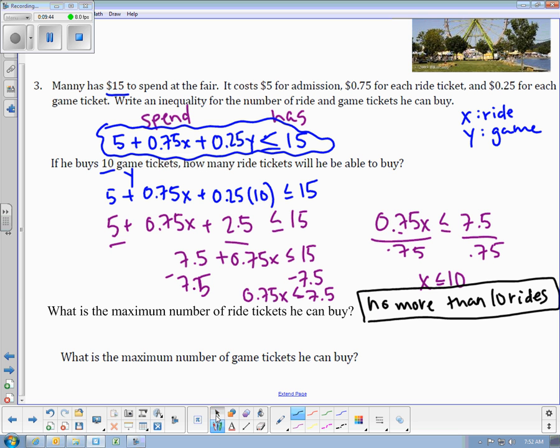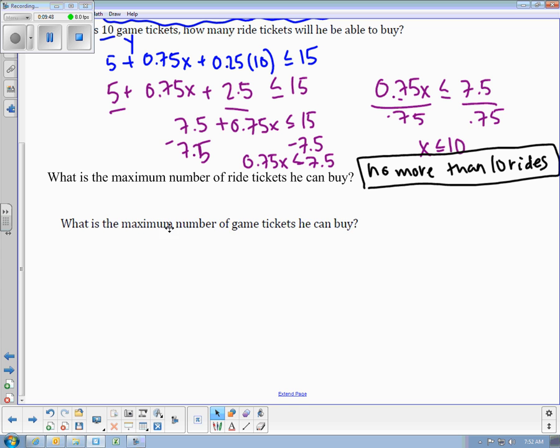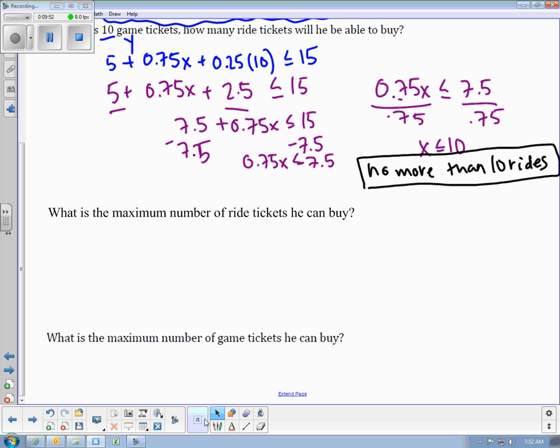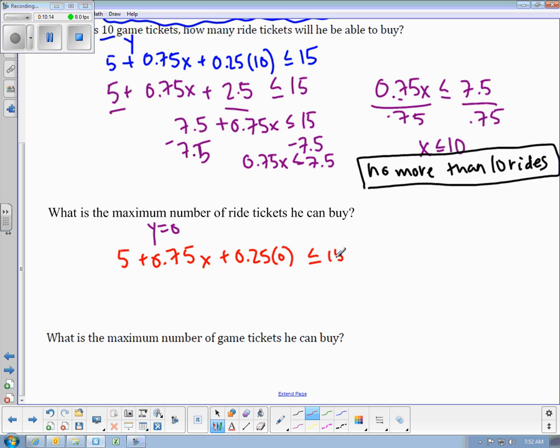Okay. So then in the next part, what's the maximum number of ride tickets that he can buy? Maximum number of ride tickets that he can buy would mean that he buys no game tickets. So that means that y would be equal to 0. So if I plug that into our original inequality, that means I have 5 plus 0.75x plus 0.25 times 0 is less than or equal to 15.